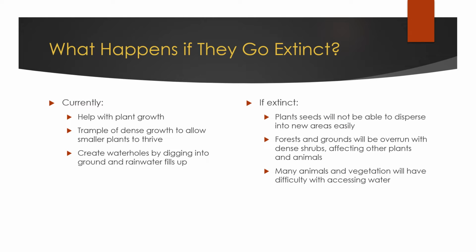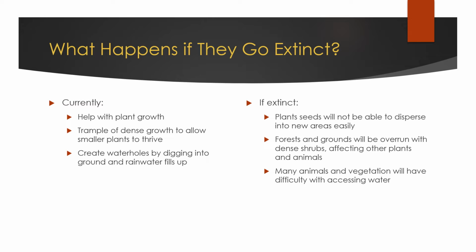So, how do these African forest elephants impact the ecosystem? Well, as long as they're alive, they can help with plant growth. As they eat fruits, plants, and all that good fibrous stuff while walking and pooping, it helps seeds to be planted in new places.